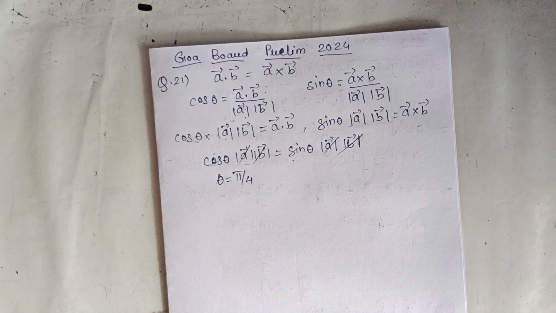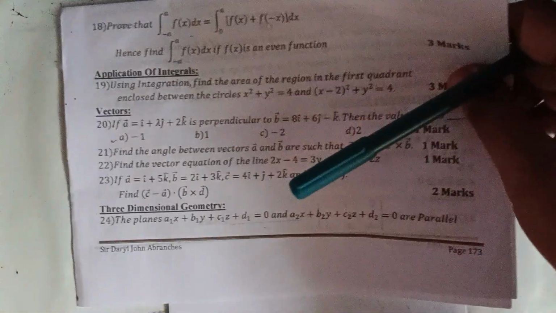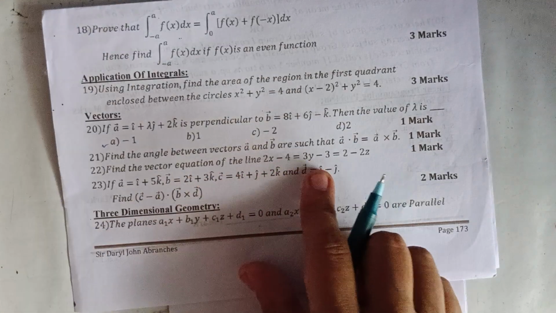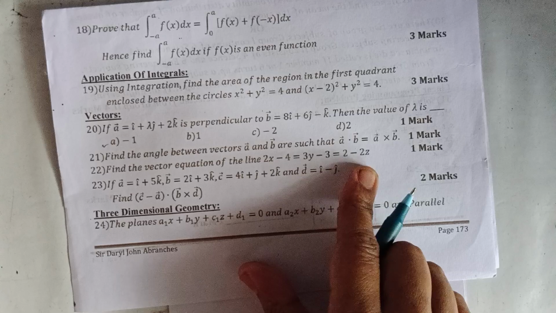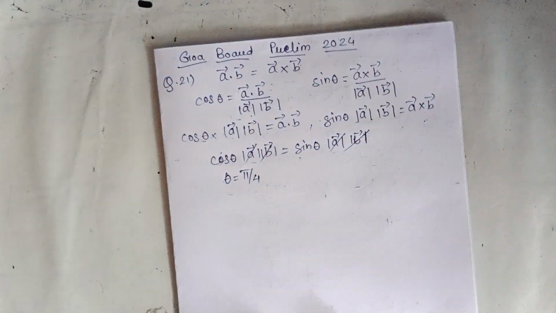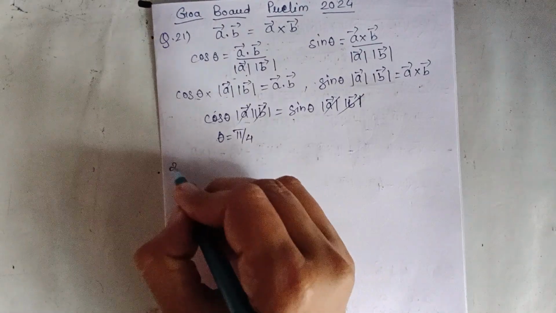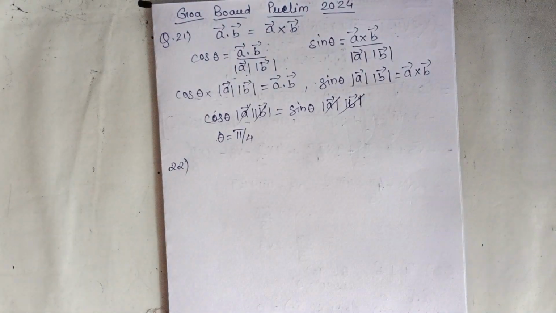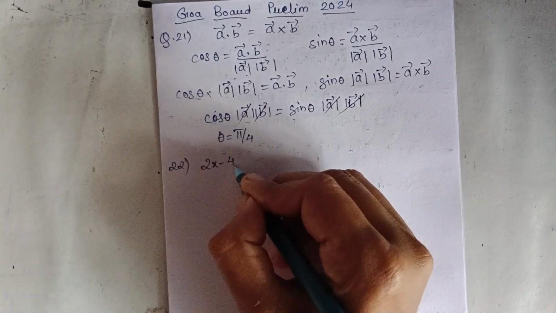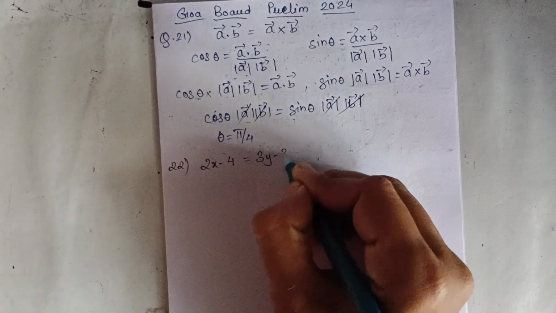Okay. Next question is you have to find the vector equation of the line 2x minus 4 equal to 3y minus 3 equal to 2 minus 2z. Now this equation is given in Cartesian form. You have to write it in the vector form.